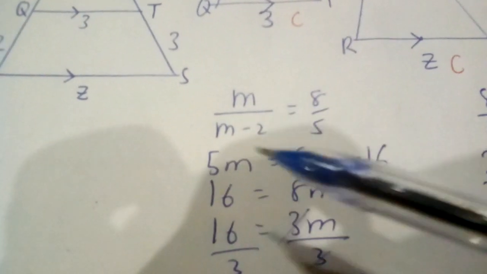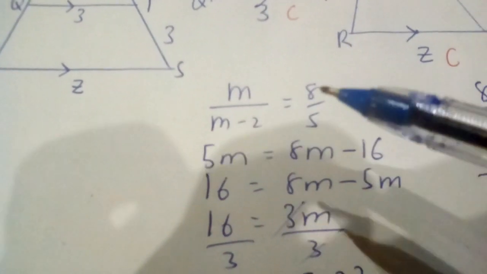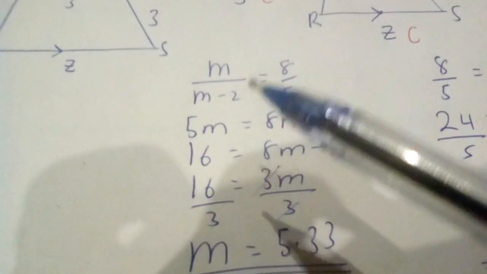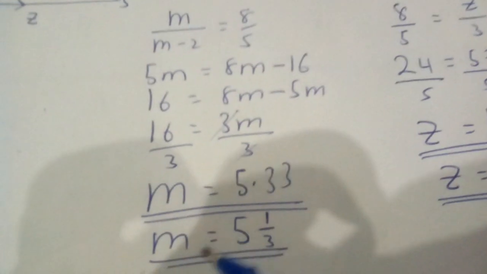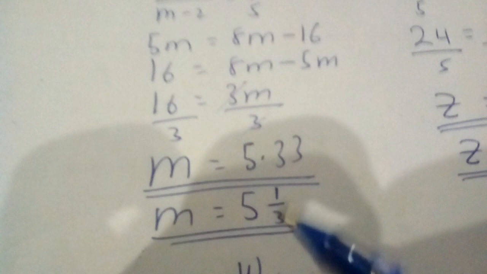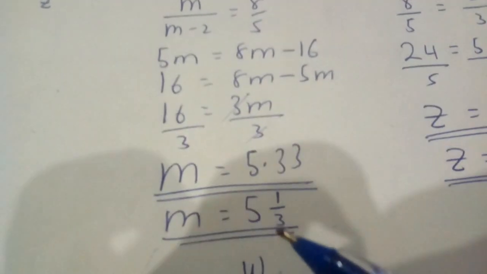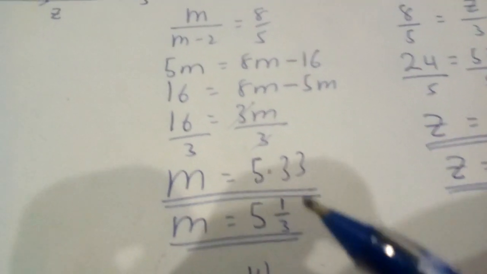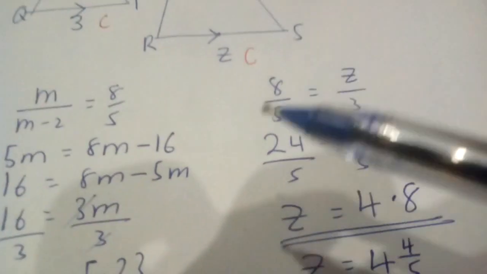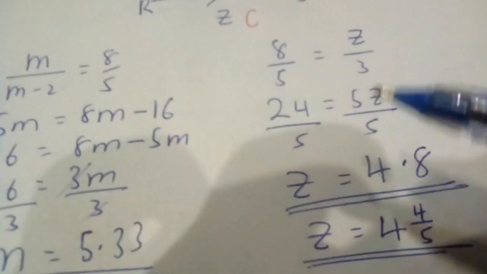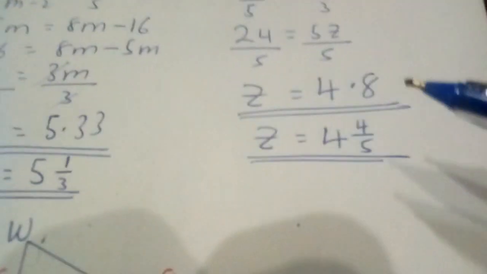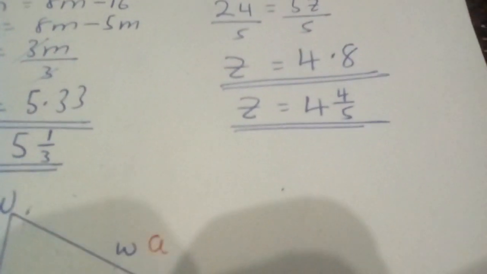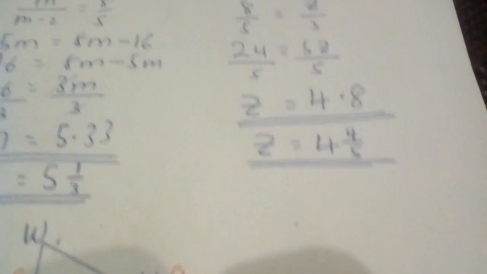That is M over M minus 2 is equal to 8 over 5. We go ahead, cross multiply, and we get the value of M. That could be 5.33 or 5 1/3. Then also on the other side, we cross multiply and we get the value of Z. And we get it as 4.8, in other words, 4 4/5.